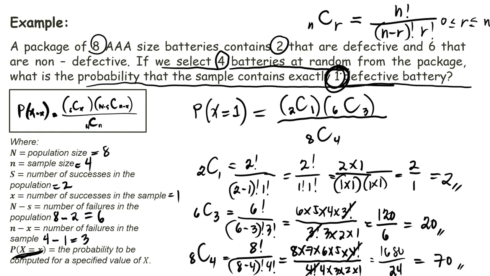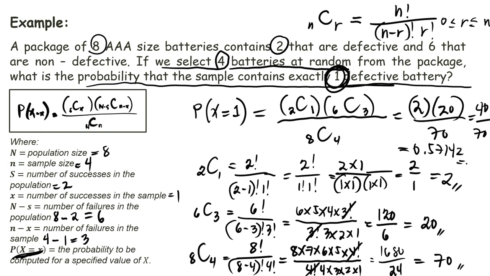Ngayon, punta na tayo dito since nakuha na natin yung value nila. Yung 2C1, ang value ay 2. Yung 6C3, ang value ay 20. Divide by yung 8C4, ang value ay 70. So, 2 times 20, that is 40. Divide by 70, that is the answer. That is 0.5714.